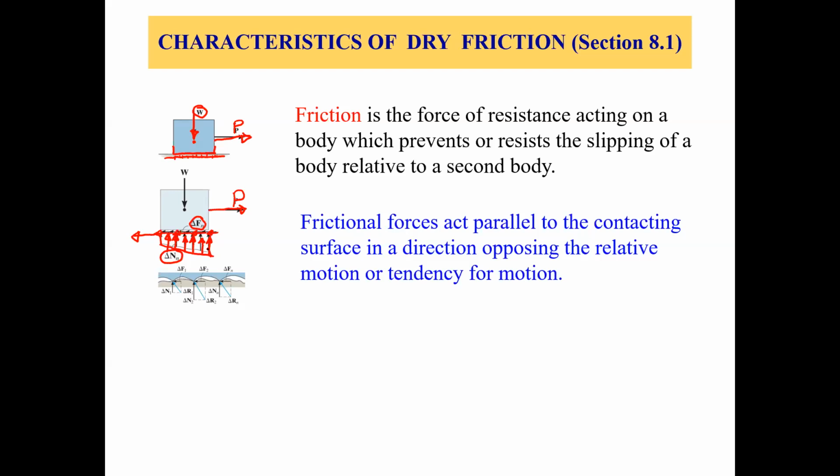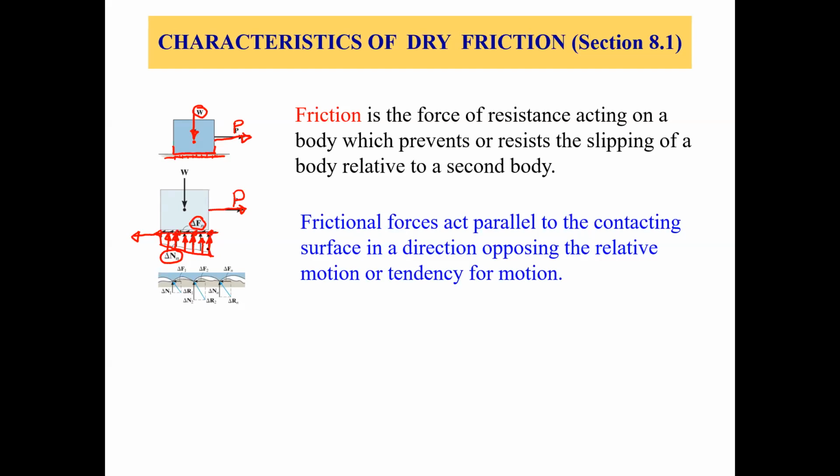Now, if you look with your own eye, you'll say these two surfaces are plane. But if you look through a microscope, at the micro level, these two surfaces are not really smooth or plane. There are some undulations between the two surfaces.